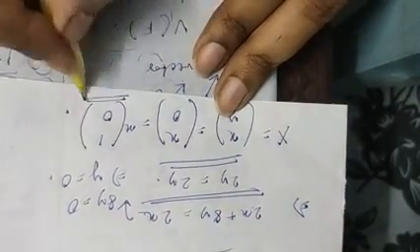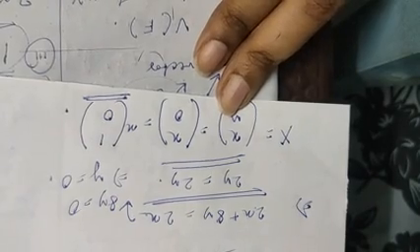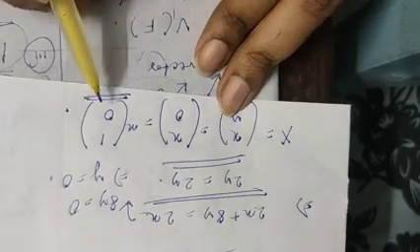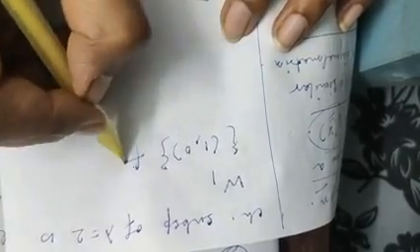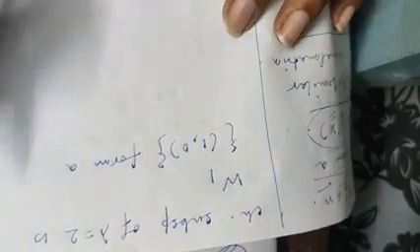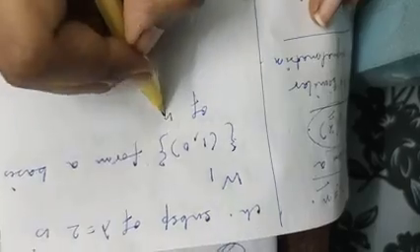Now check, this is a singleton set. This single vector is always linearly independent, and it spans the characteristic subspace corresponding to lambda equal to 2. So if we take the characteristic subspace of lambda equal to 2 as W1, then this singleton set {(1, 0)} will form a basis for W1, because it is linearly independent and it clearly spans the space W1.